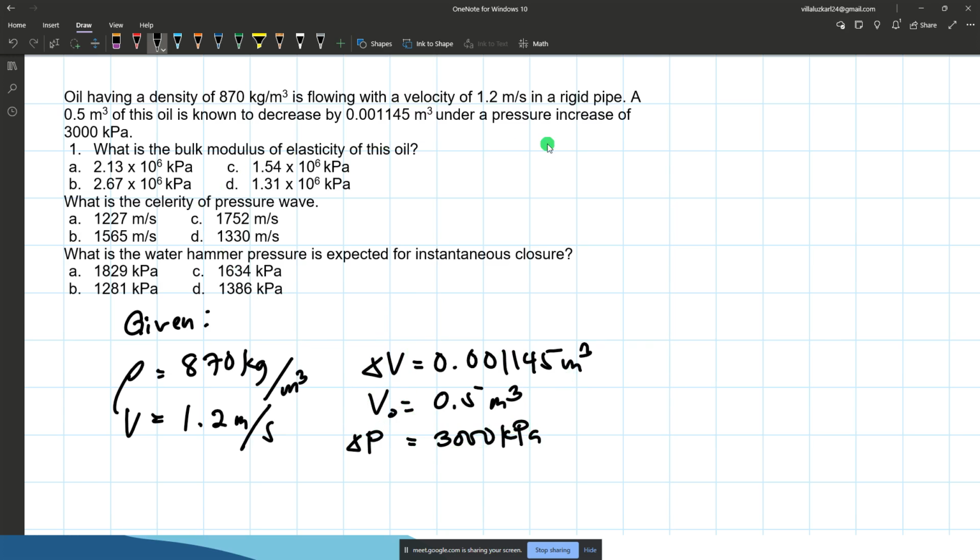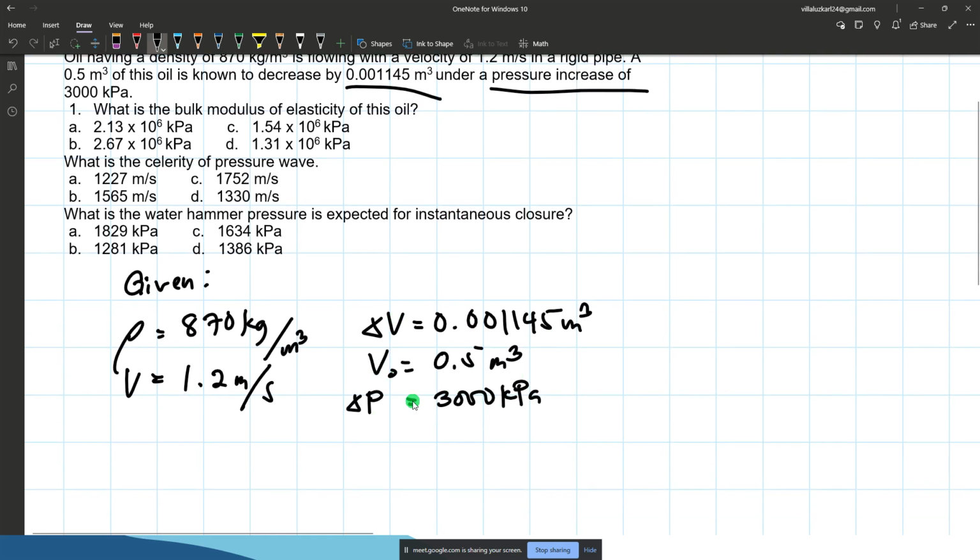So the pressure increase that we are referring to here is the pressure that causes the oil to decrease in volume by 0.001145. It is not yet the pressure due to water hammer. It is just the pressure that is applied on the oil for it to cause reduction of volume by 0.001145.